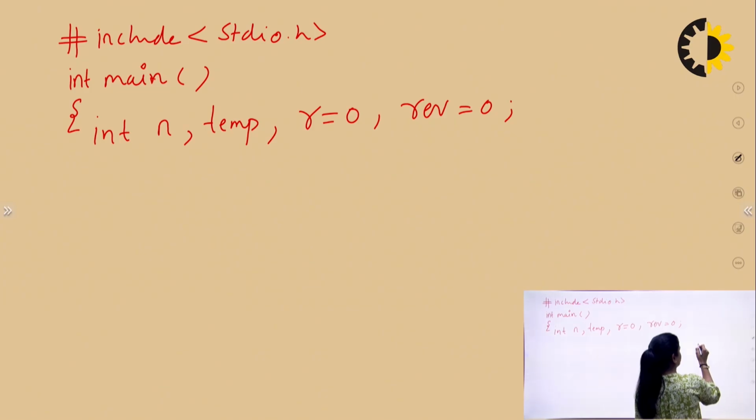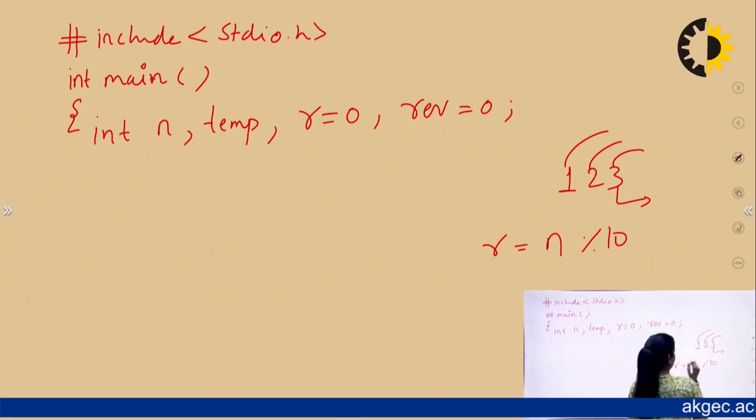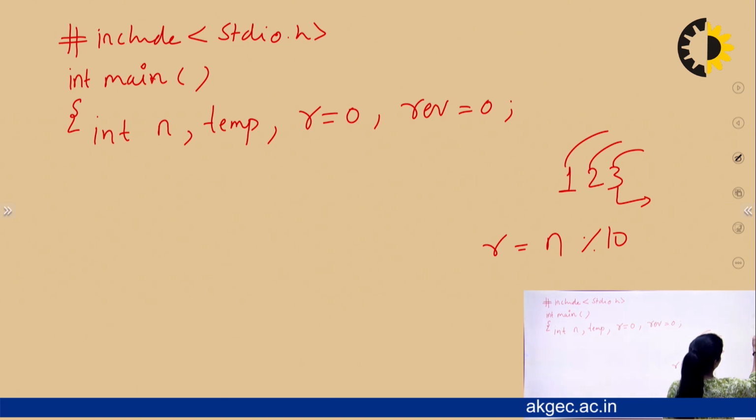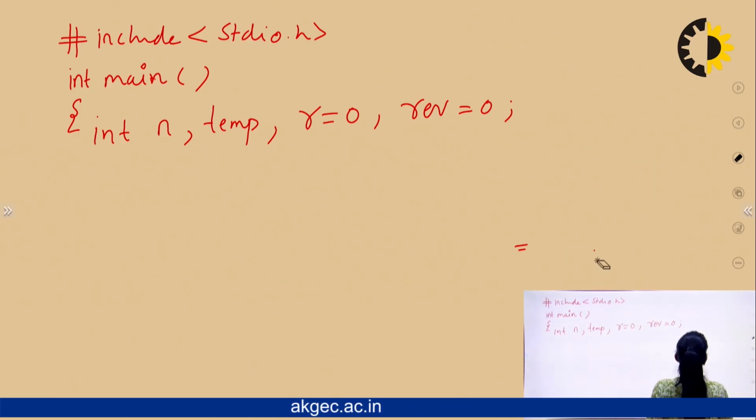Because I just want 1 by 1 number will reverse, because with the help of modulus symbol you can find the remainder. That's the reason we are assigning the fourth variable is reverse.